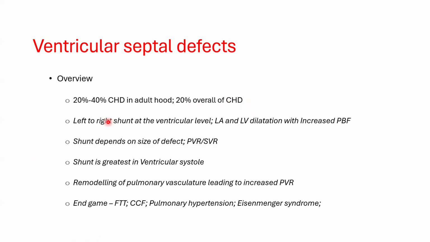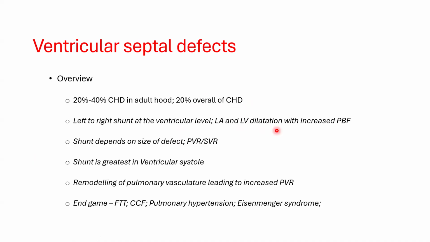This is also a left-to-right shunt lesion, but more importantly, it is the left atrium and left ventricle that are dilated. So in ASD, with an atrial shunt, the right side is dilated. In VSD, also a left-to-right shunt, it is the left side that is dilated. This is something that sometimes gets confused, and people are unable to explain it.